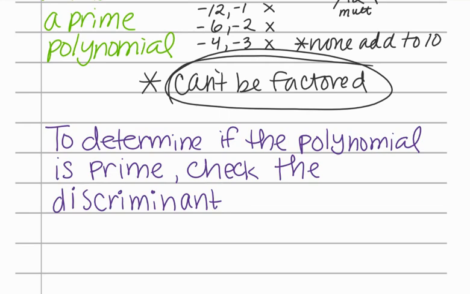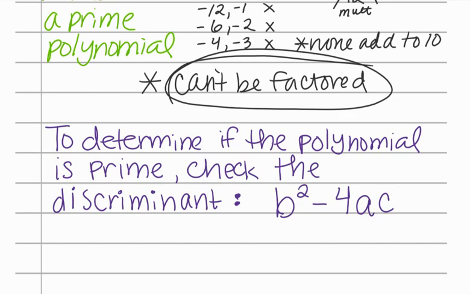Now, the discriminant is an expression, b squared minus 4 times a times c. At some point, we'll kind of see where this all comes from. But what's going to happen is if you replace the a, the b, and the c in the positions in this expression, you'll be given a number that will allow you to decide if the polynomial is prime.